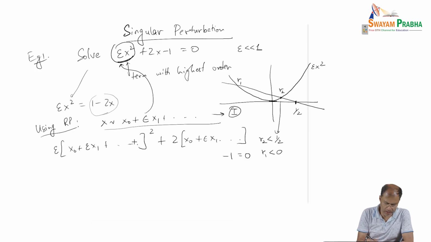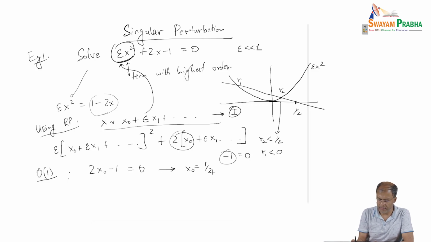So now if we start to solve, at order 1, epsilon to the power 0, the equation is 2x naught minus 1, where this is the term 2x naught and this is minus 1. So this is set equal to 0. This will give us that x naught is half. And then at order epsilon, the terms we get are x naught square plus 2x1, and this is set again equal to 0.